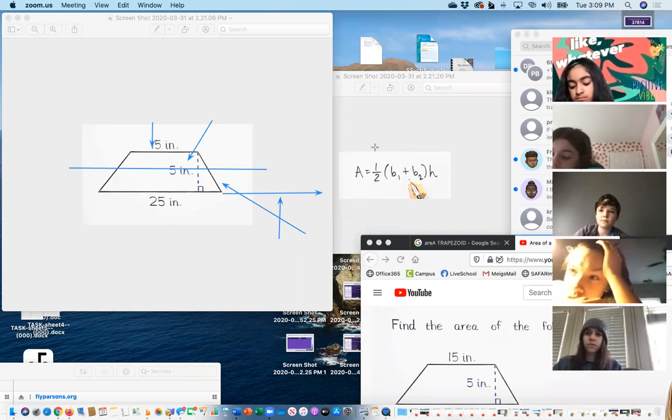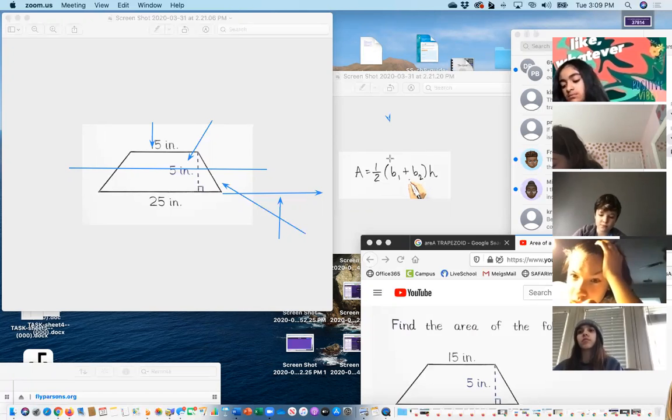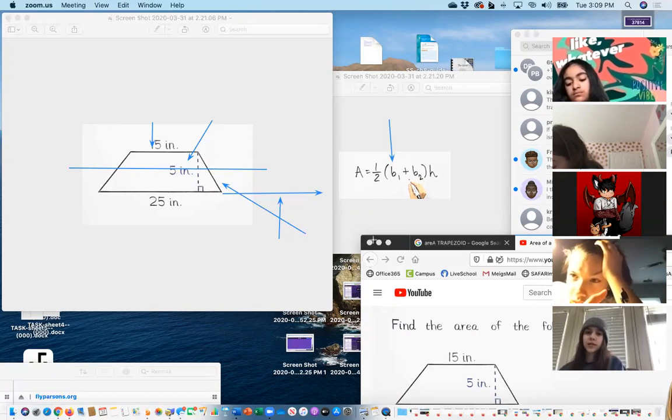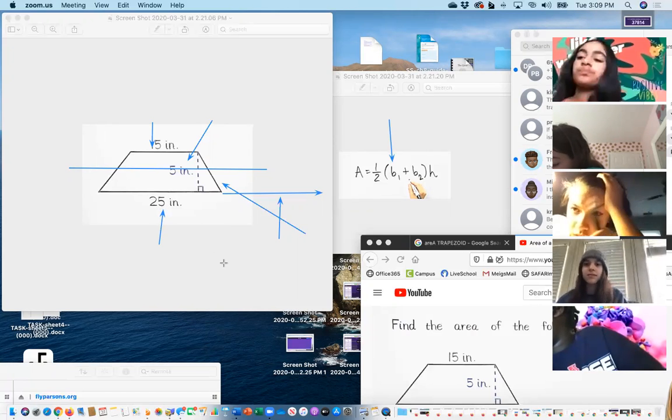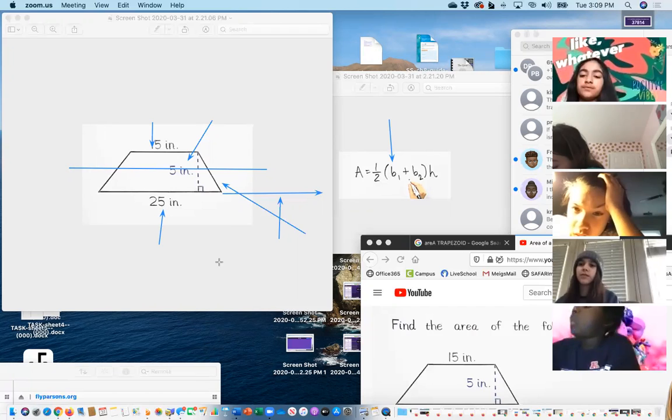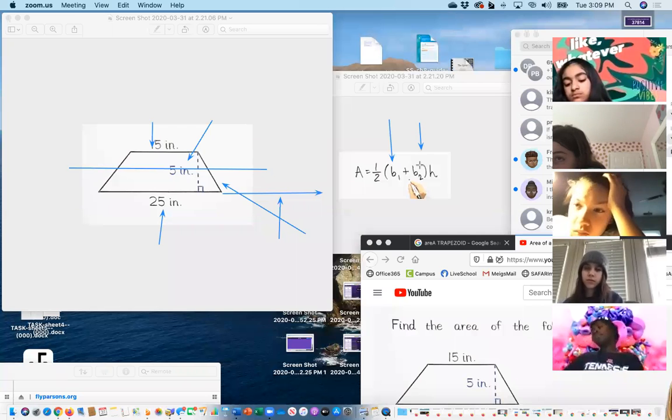Yes. Okay. Now, will you look over here on the side, what I have? Do y'all see this little formula? Look what it says. It says to take base number 1, and base number 1 is 25, correct? And then it says take base number 2, which is this one that's 15, right?